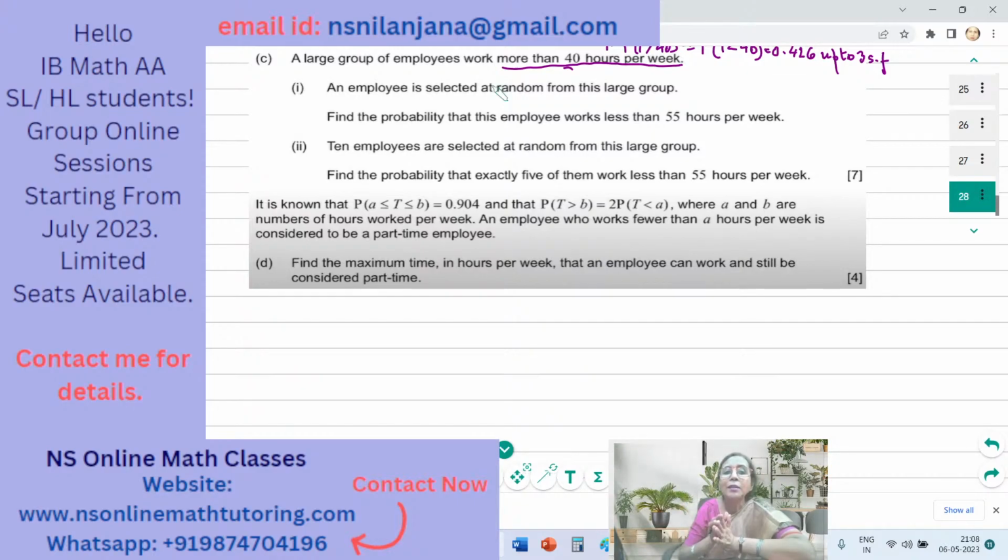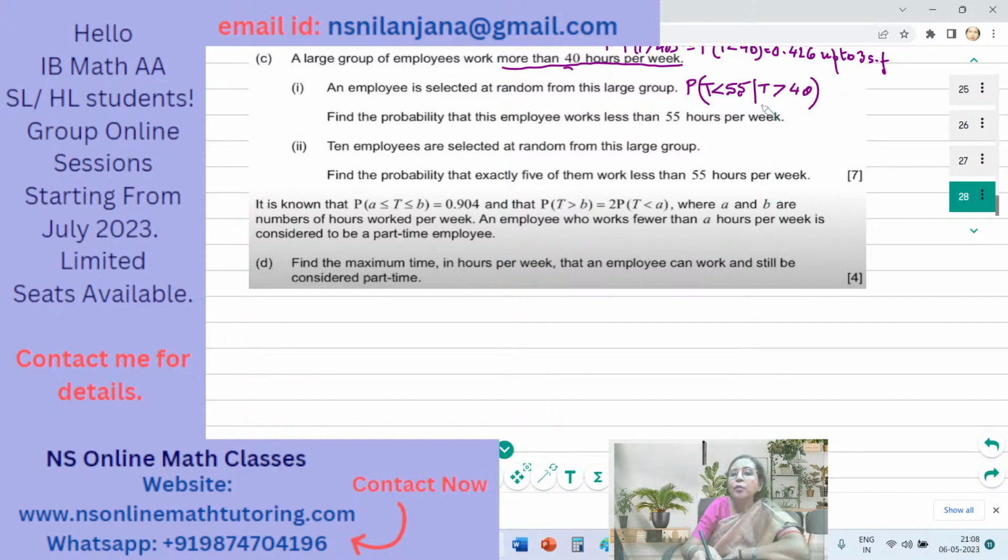You have to find that the employee you are selecting is working for less than 55 hours per week. So this is P of T less than 55, given that T is more than 40.